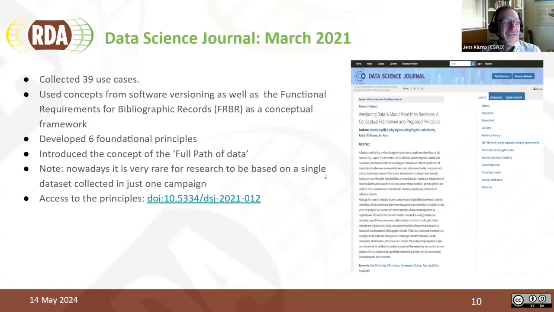So for all the detail, we refer you to our publication, the 39 use cases that we use as the basis for developing the data versioning principles. It's all discussed in the Data Science Journal paper.